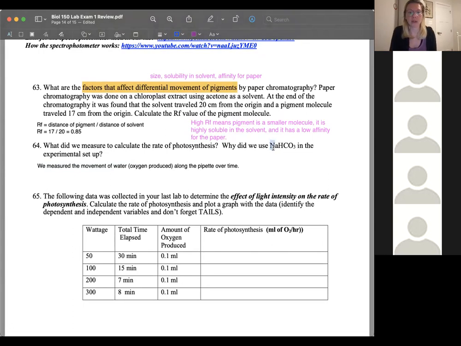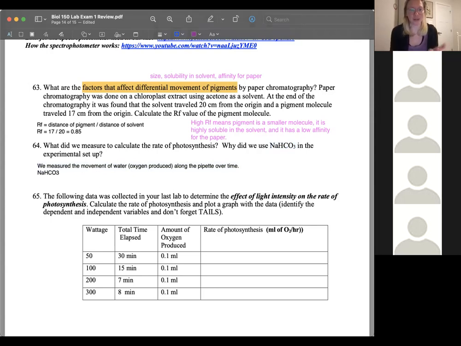And why did we use this sodium bicarb in the tube? So we had not just water there. Of course, we need water for photosynthesis to occur, but then we mixed in this sodium bicarbonate into the water. So what was that all about? Carbon dioxide.